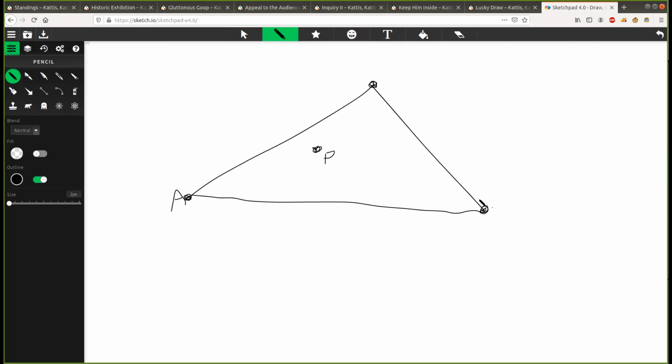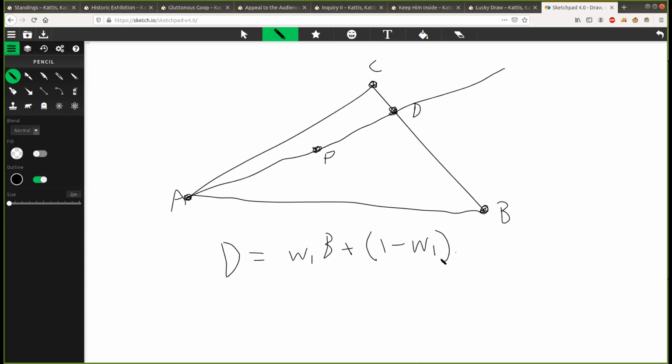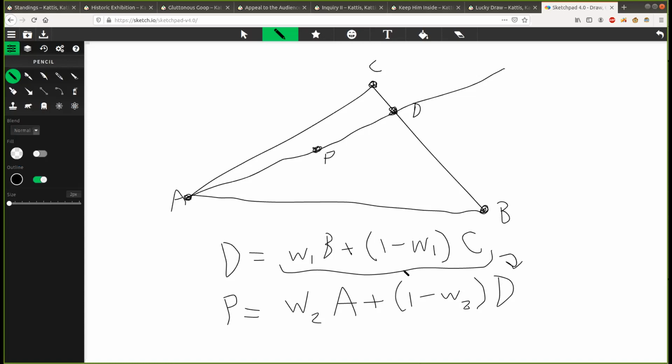I'll call these points A, B, C. My solution was to draw the line from A to P. Then it will intersect BC somewhere, at a point D. And then I need to write D as a weighted average of B and C. And then I can write P as a weighted average of A and D. So then by substituting this for D, I can compute the weight of B is W1 times 1 minus W2.